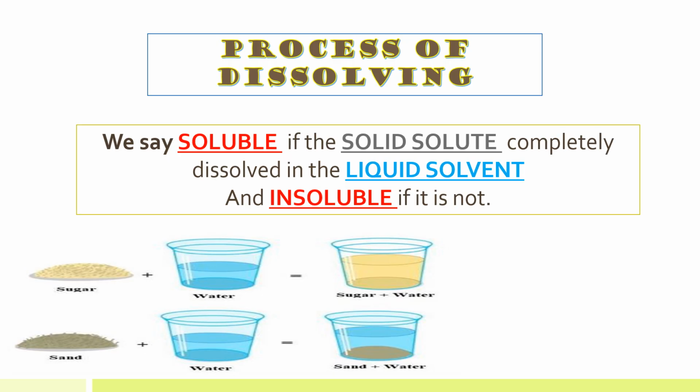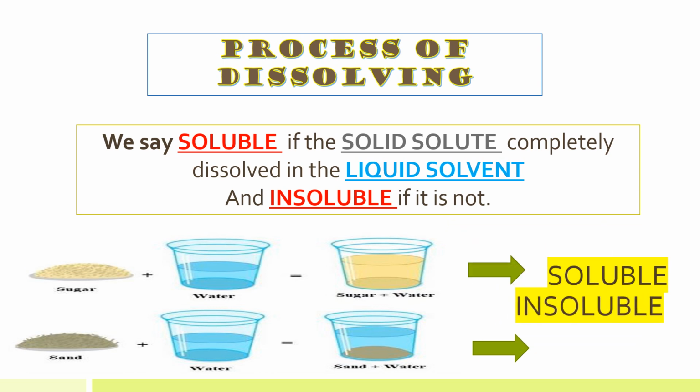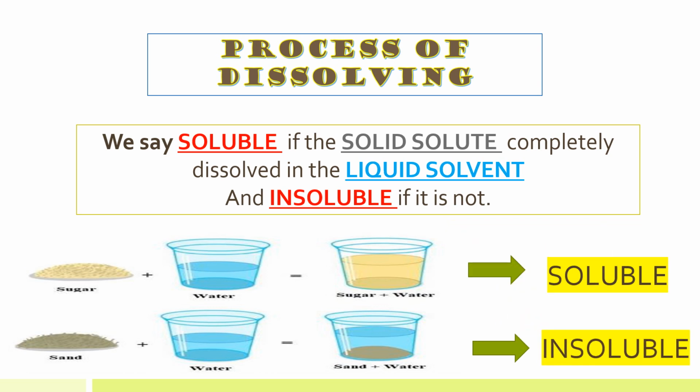So are you ready? Okay, let's figure out the first picture. Sugar plus water is equal to sugar plus water. What do you think is that? Okay, that is soluble. And the other one is insoluble because sand didn't dissolve in the water.